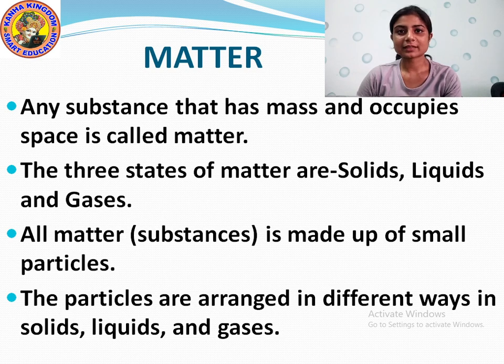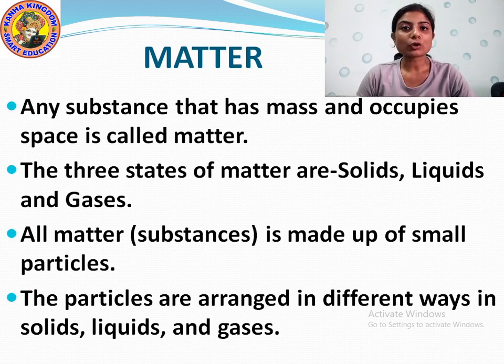Any substance in this world like trees, water, then table, chair, pencil, rubber, everything around us, any substance that has mass, which means it has weight, whether it is light or heavy, and that occupies space, that means it can occupy space.